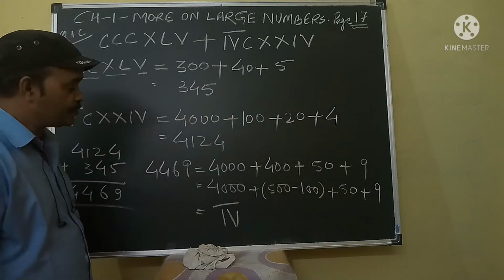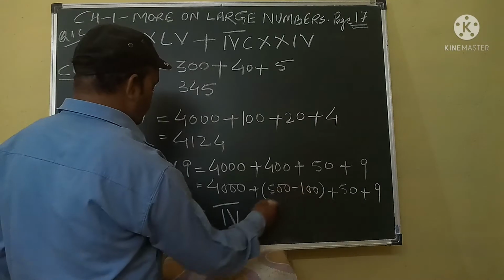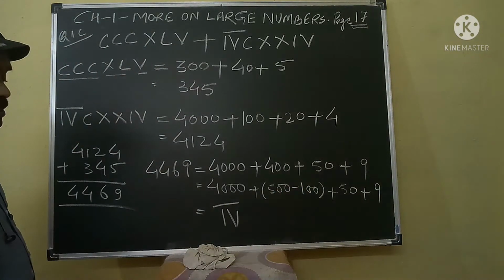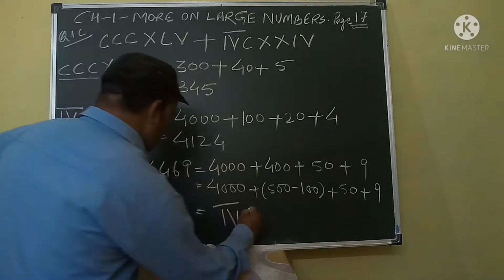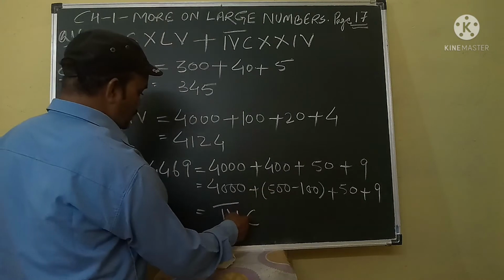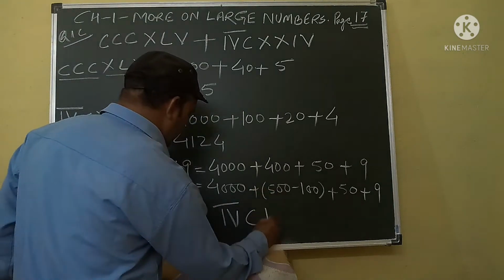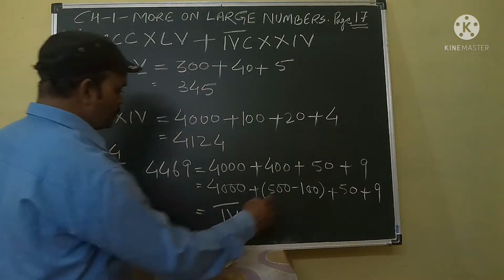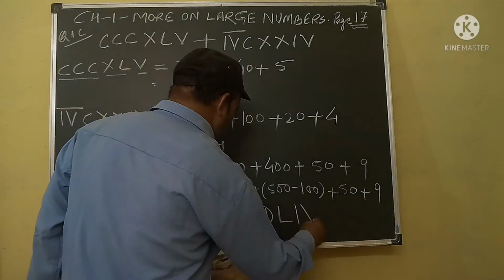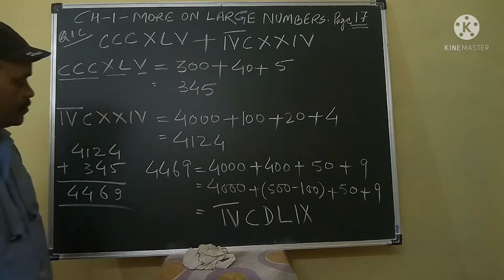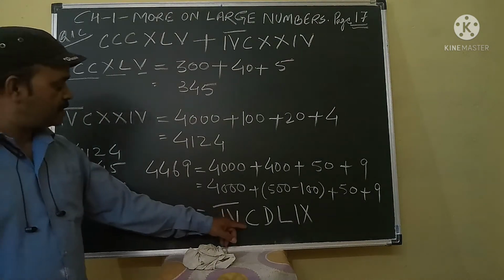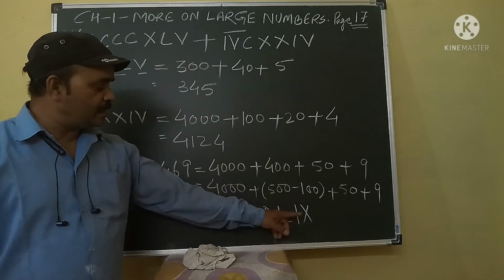So what will we do? The symbol of smaller value will be on the left side of bigger value. So this is C. The symbol of 100 is C. The symbol of 500 is D. 50 means L. 9 means IX. Okay. IV with a horizontal line above, CDLIX.